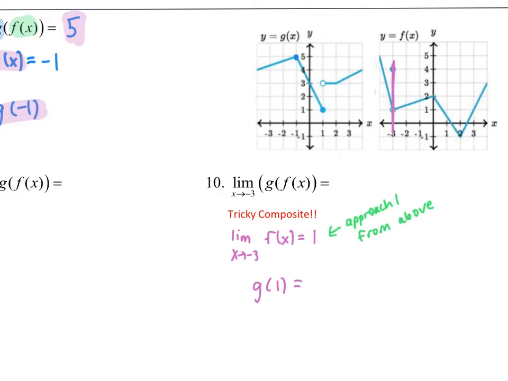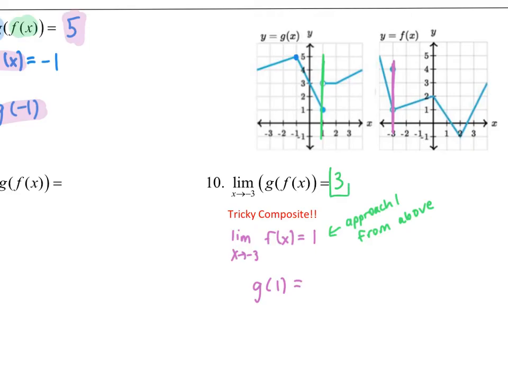Which means to evaluate this limit, I'm going to approach 1 on the graph of g from numbers greater than 1, so from the right side, and as I approach 1 from the right side of g, I can see I'm headed for a y value of 3. So the answer to this composite limit question is 3.